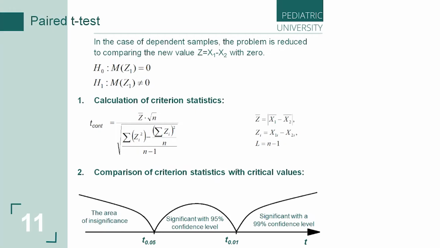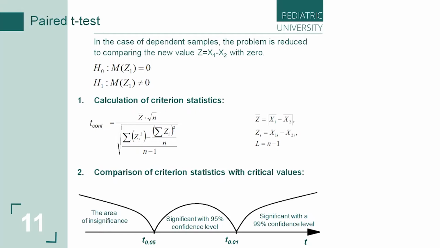For example, maybe the first sample is before the procedure and the second sample is after the procedure. It turns out that we have the same patients before and after the procedure, or the same patients who took one drug and after that took another drug, at a different time. The patients are the same.